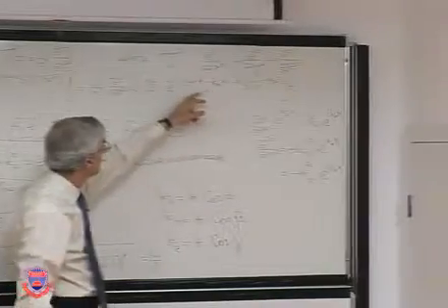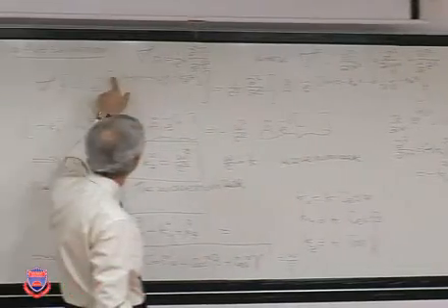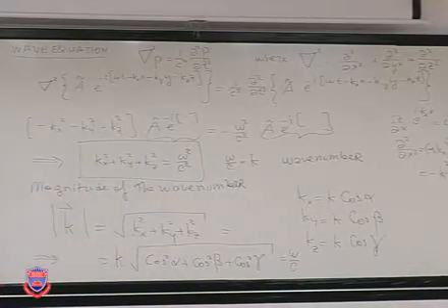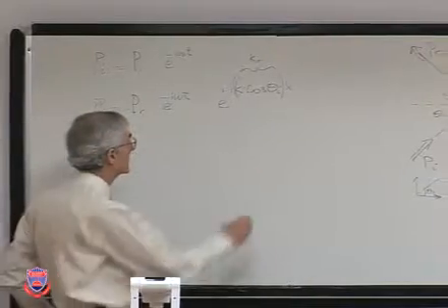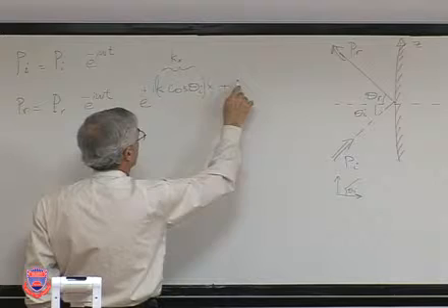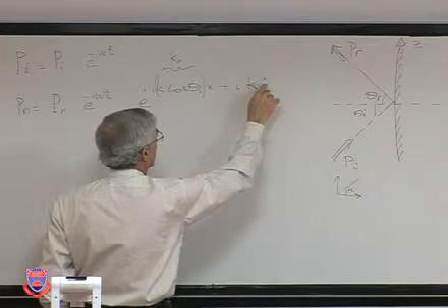No different than here. Kx is x cosine theta i. Well, what about the z direction? It has a component in the z direction, and that's also in the positive direction. So you have i, what is it now?